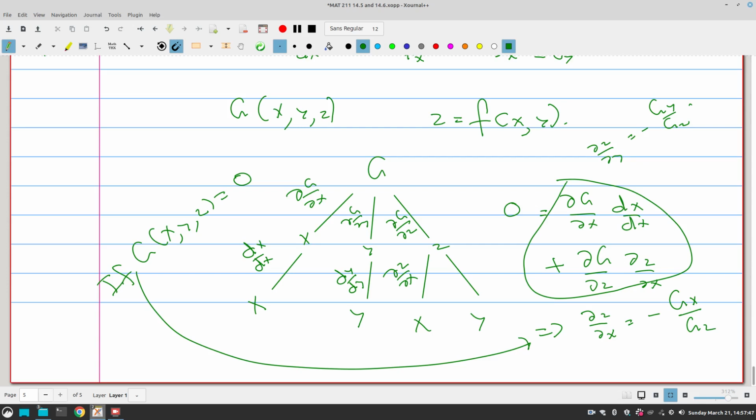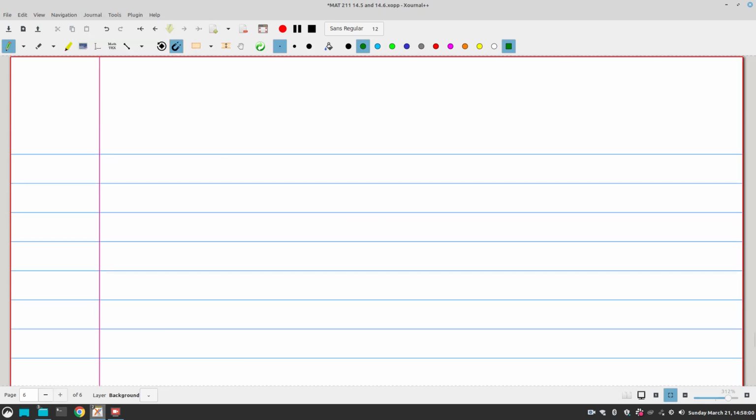One example of this is example 9 on page 991, where you have x cubed plus y cubed plus z cubed plus 6xyz equals 4, so x cubed plus y cubed plus z cubed plus 6xyz minus 4 equals 0.